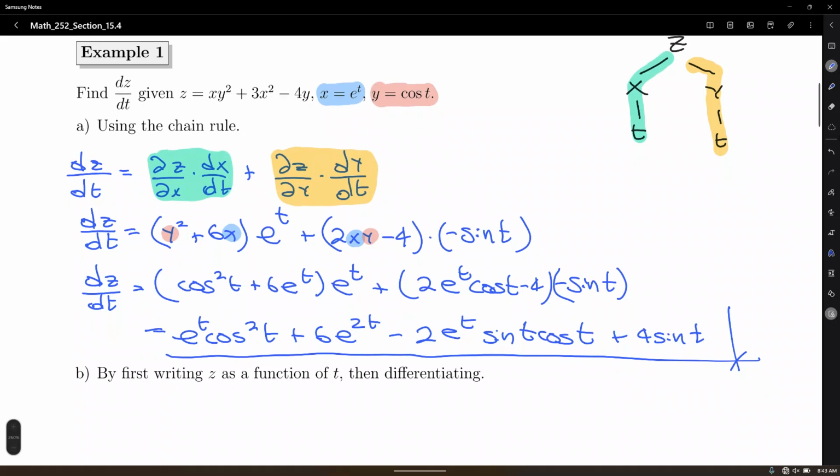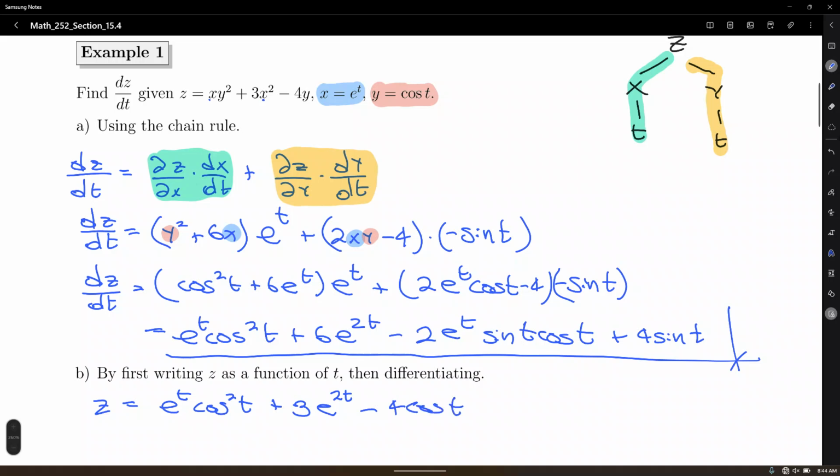Well, so here we have z equals, I'm going to replace every instance of x with e to the t, that is e to the t, and then y squared, that is cosine squared t, plus 3x squared, that is 3 e to the 2t, yes, because e to the t squared, it's e to the 2t, careful, and then minus 4 times y, which is cosine t.